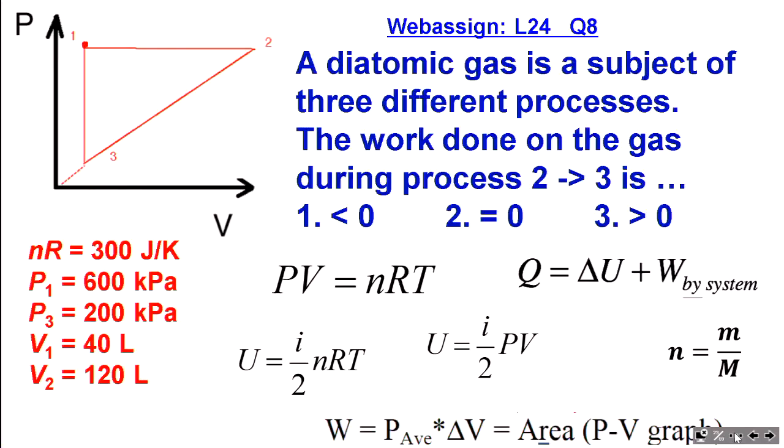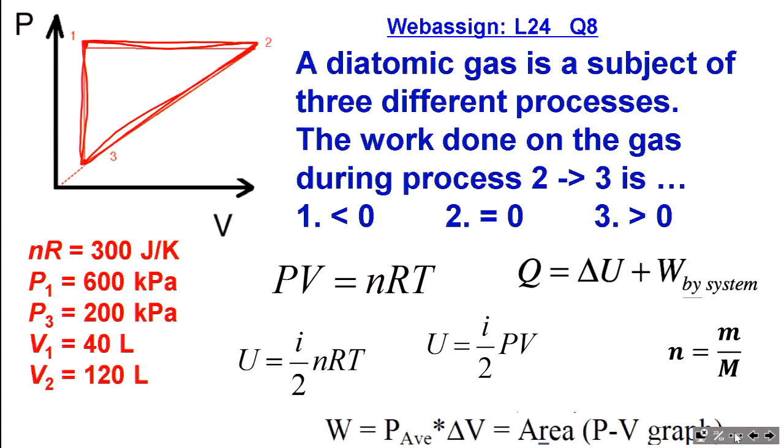So this dot represents state number 1, this dot represents state number 2, and this dot represents state number 3. The gas changes state from 1 to 2 to 3 to 1. We're going to talk about it probably tomorrow.